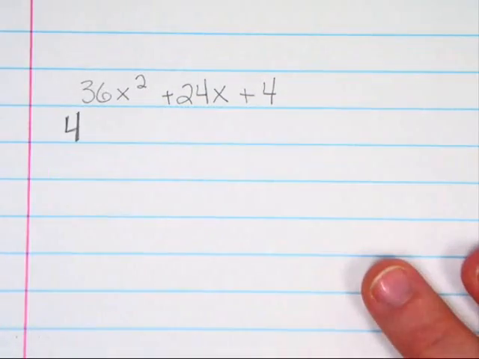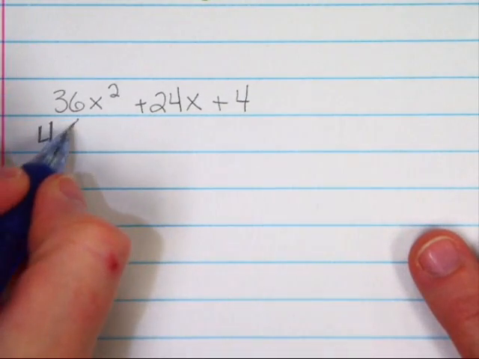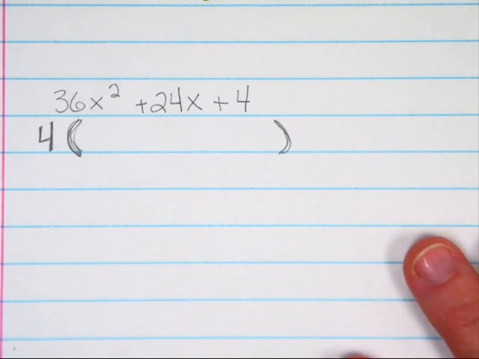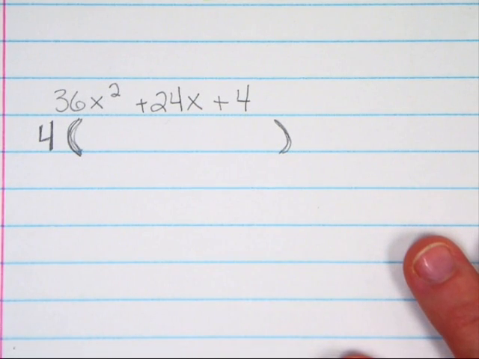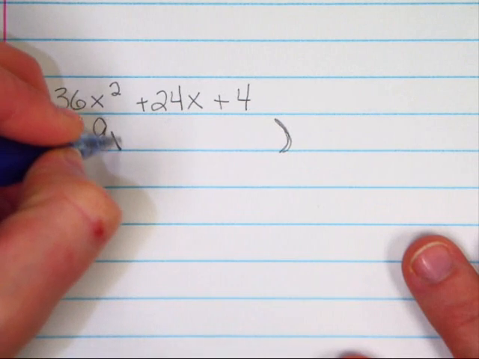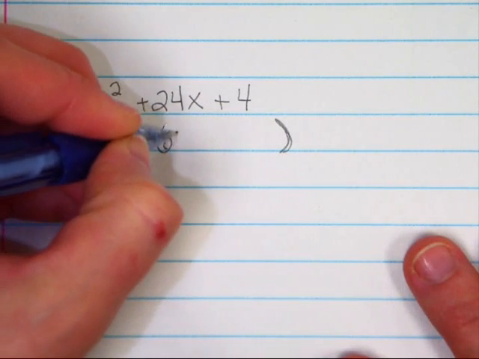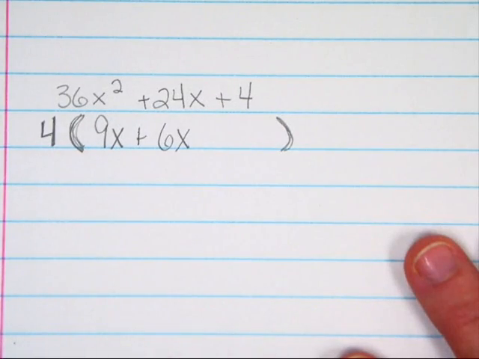Do that. Always pull out something if you can. So let's go ahead and divide. 36 divided by 4 is 9x squared. 24 divided by 4 is 6x. 4 divided by 4 is 1.